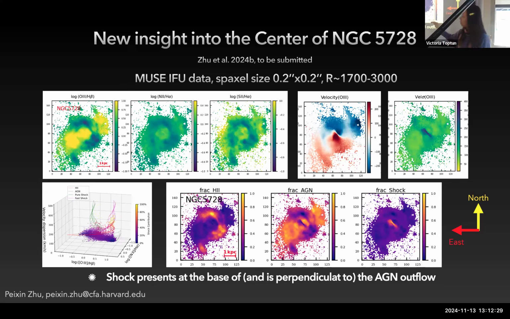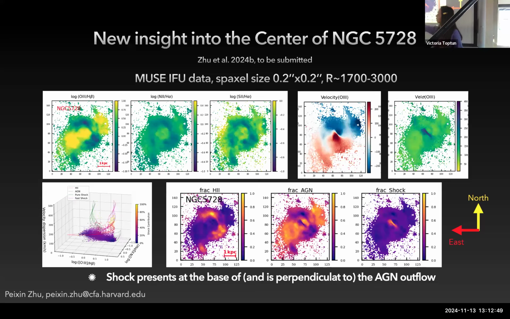One thing you can see on the left, in the H-alpha map, is that the brightest, most yellow part forms a ring structure in the galaxy center. It means that there is a star formation ring in this galaxy center.